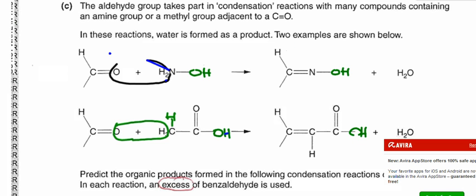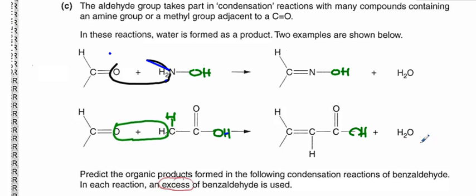Now, what is important is that in this question you note and read carefully the wording of this word excess. Predict the organic products formed, which we have just done, following condensation reactions with benzaldehyde. In each reaction, an excess of benzaldehyde is used.